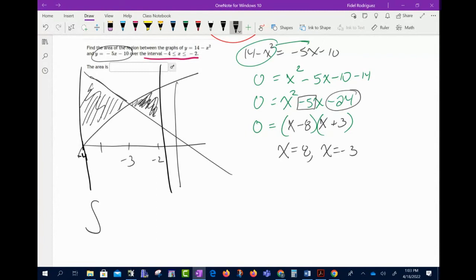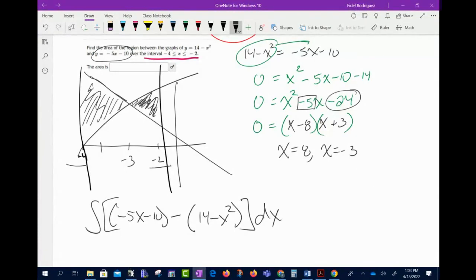So we're going to integrate the line, the top function, negative 5x minus 10, minus the bottom function, which is the 14 minus x squared, dx. Since we're doing this over the interval from negative 4 to negative 2, I'm sorry, we're going to go from negative 4 to negative 3.